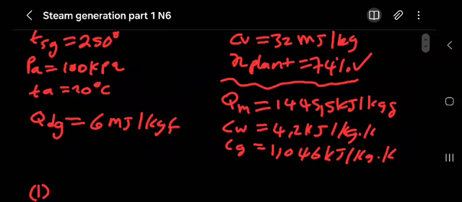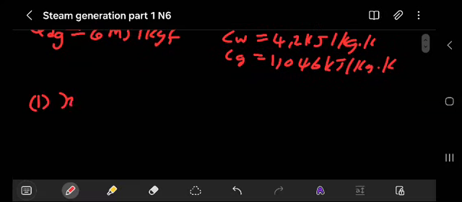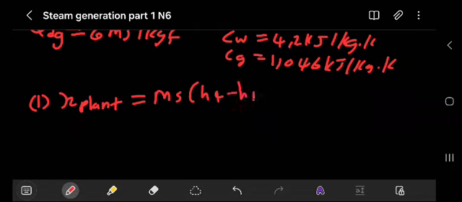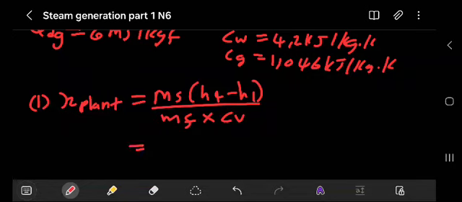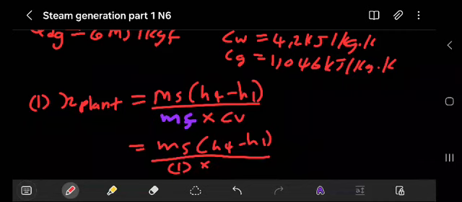We know that the efficiency of the plant is equal to mass of steam times H4 minus H1, divided by mass of fuel multiplied by CV. This is per fuel, right? This equation would be like this: H4 minus H1 over 1 times CV.